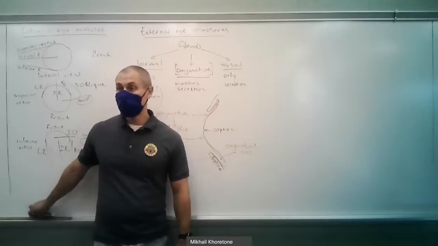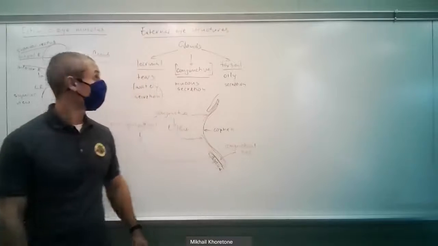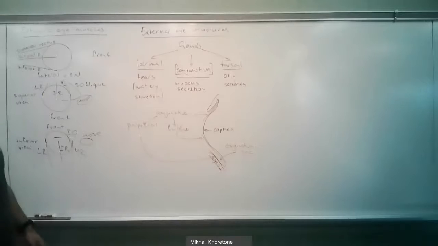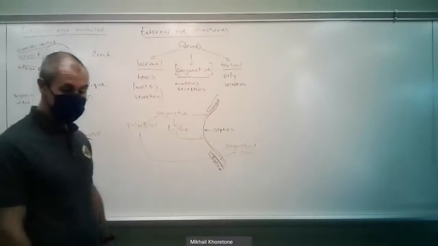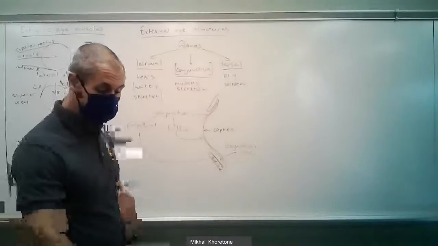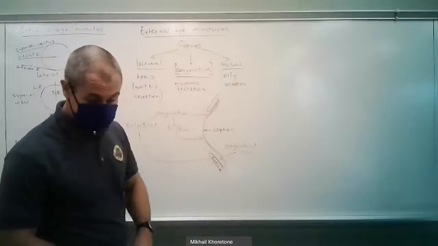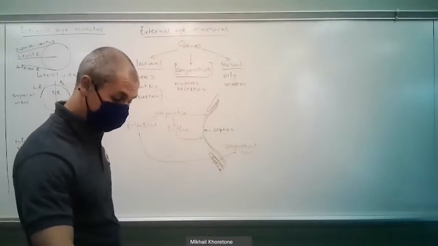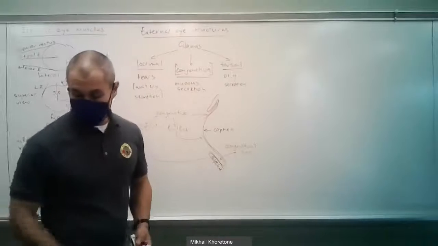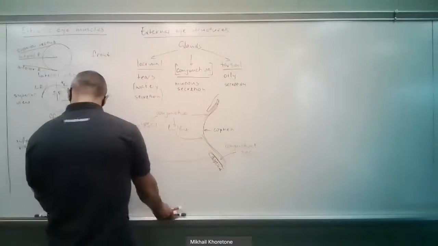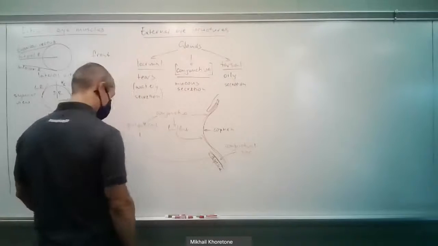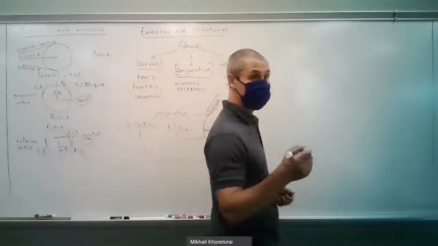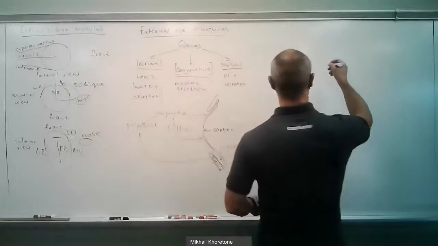Okay, so now we're done with the external or accessory eye structures, and we're going to try to make a big, disproportionate picture of an eye. I apologize ahead of time for the probably terrible image I'm going to generate here. I'm not the greatest artist.